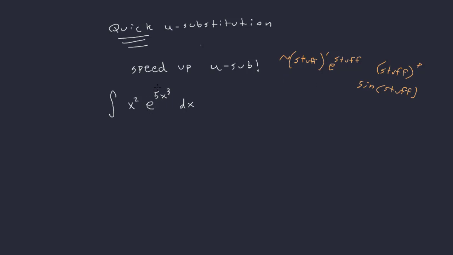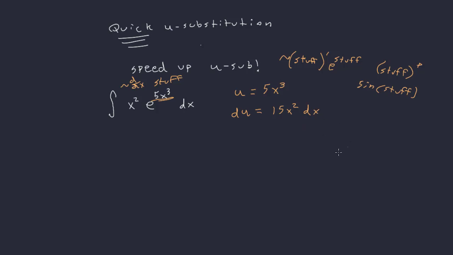We have our stuff here, and remember, our stuff is what we usually let u equal. And then we have some form of the derivative. The approximate derivative is right here, sitting out front. So let's let u be this 5x cubed, right? And then this du is going to be, well, now we differentiate this and we'll get 15x squared dx.